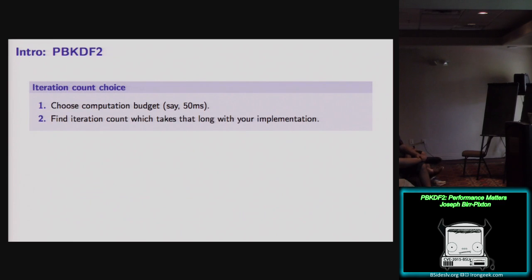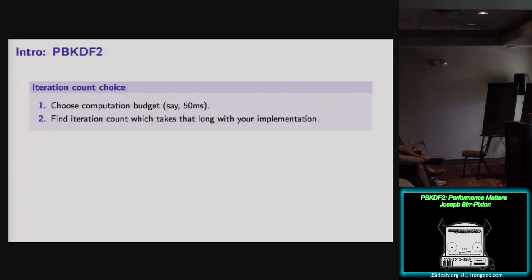So this is the main slide. When you're using slow hashing, you come up with some kind of budget for how long you want to spend doing this, say 50 milliseconds, and then you work out how to tune the function you're using to take exactly that time.